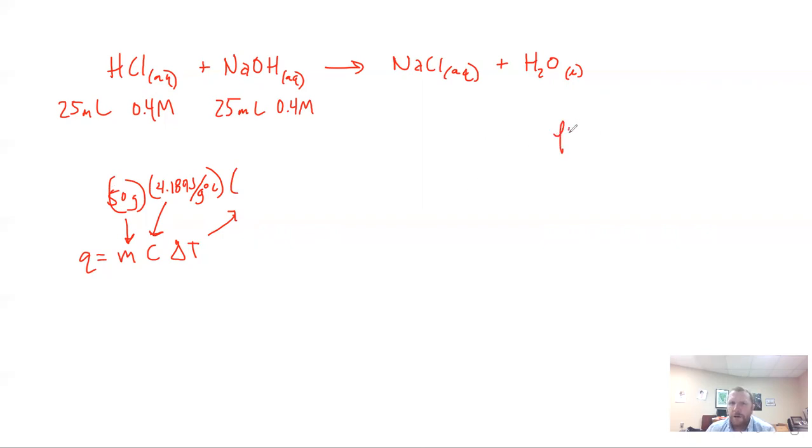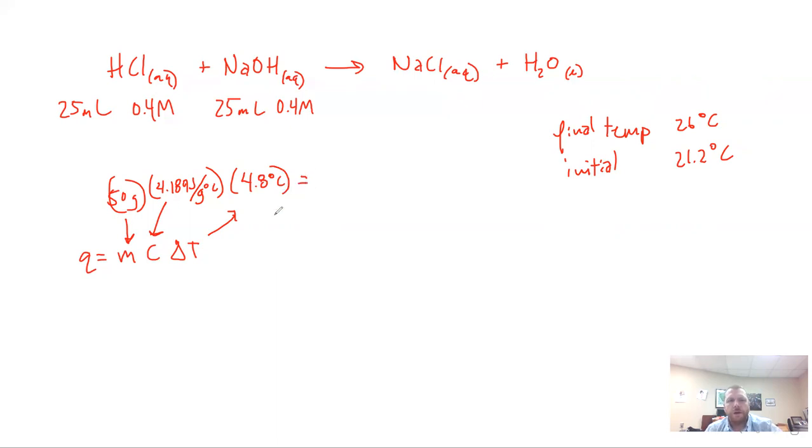Let's say, hypothetically, my final temperature was 26 degrees Celsius, and my initial was 21.2 degrees Celsius. My delta T here was 4.8 degrees Celsius.